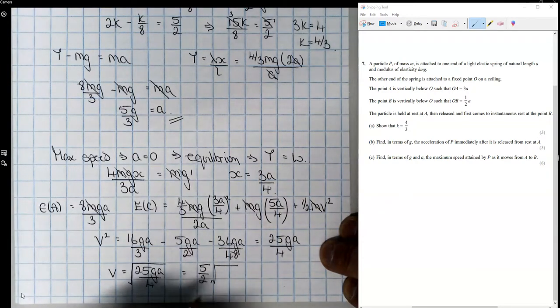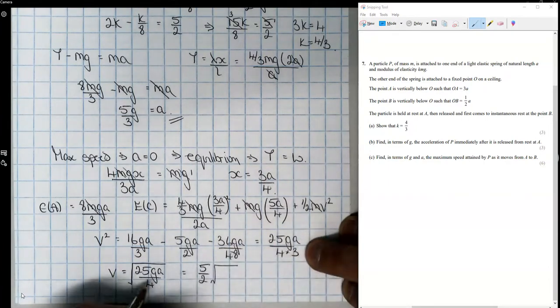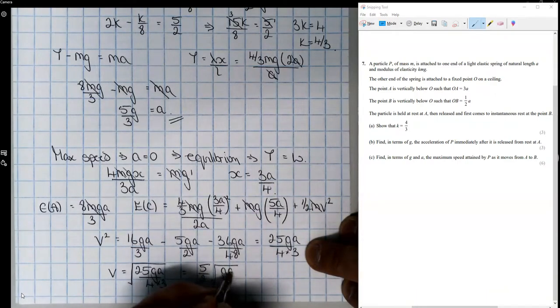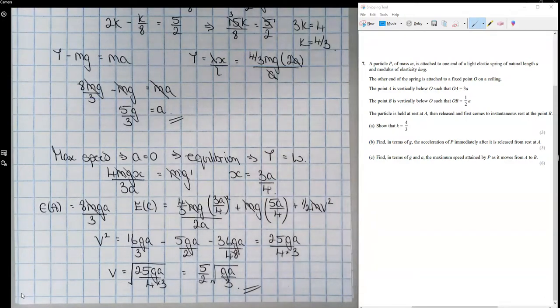Oh, sorry, that's not right. This is over 12, sorry. 4 times 3, so I'll pick the two square numbers out. 5 over 2 root ga over 3. Hope that made sense.